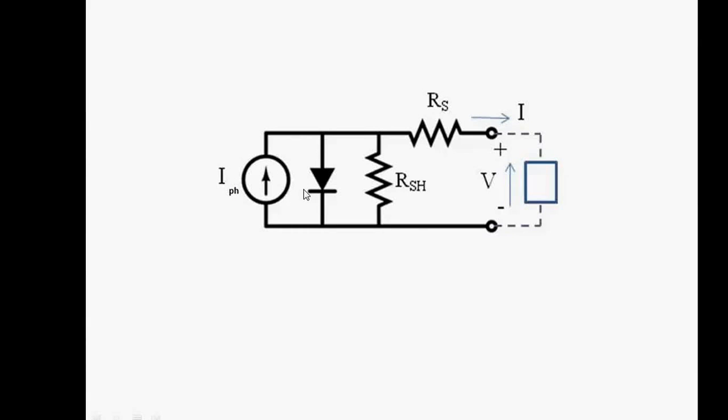When no light falls on the PV panel or PV array, some current I naught, the dark current, will flow through this diode. When current due to incident light appears, this part will come into the picture. Anyway, this will be discussed in detail in the next slides.